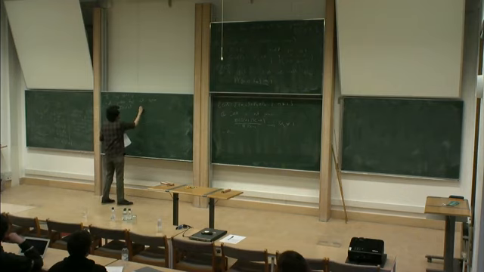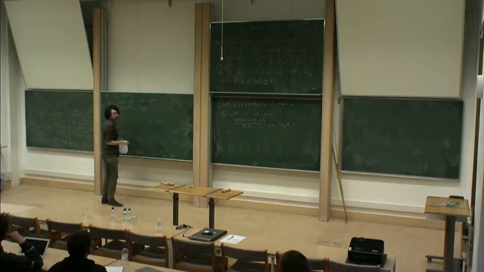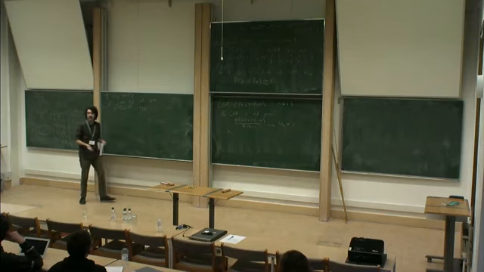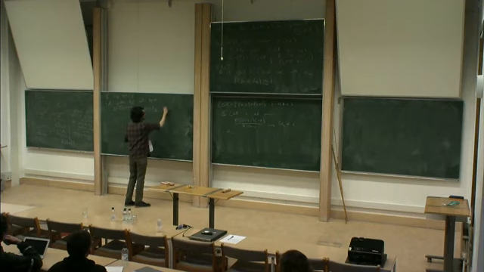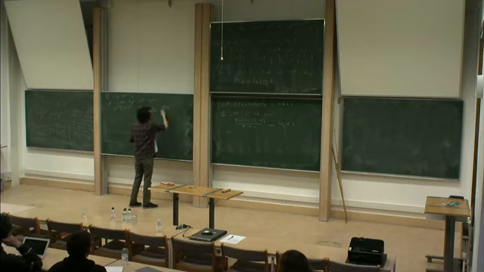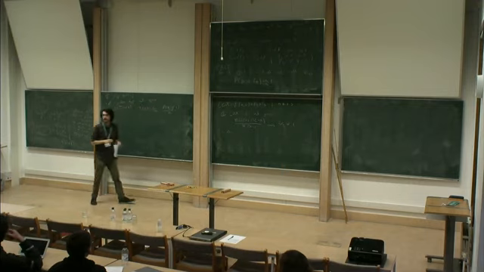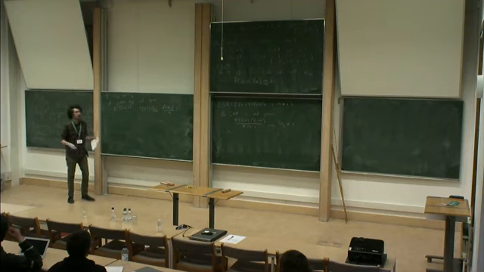I'll denote by tau sub G the stable translation length of G acting on X. Same definition as in Richard's talk: the limit as n goes to infinity of the distance between x and its translation by the nth power of G, divided by n. And as Richard said, it doesn't depend on the base point I choose.